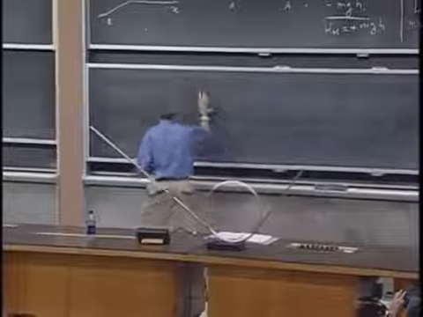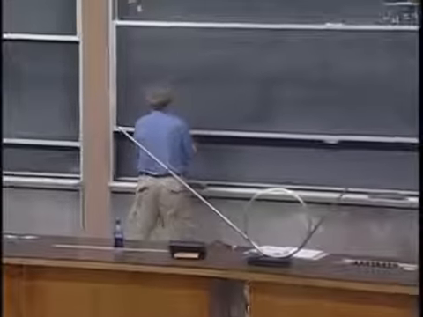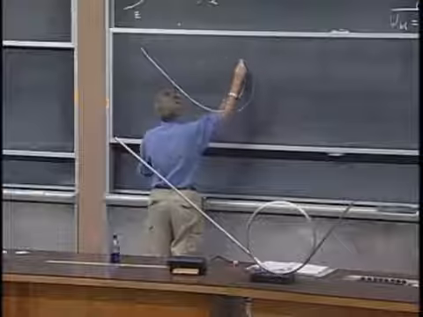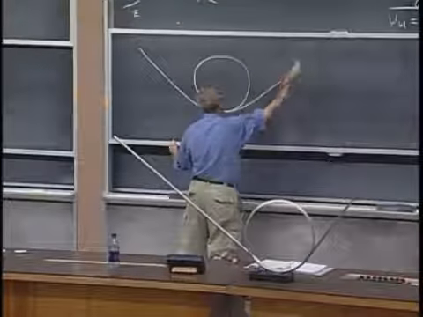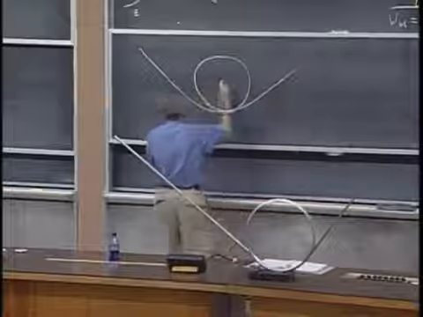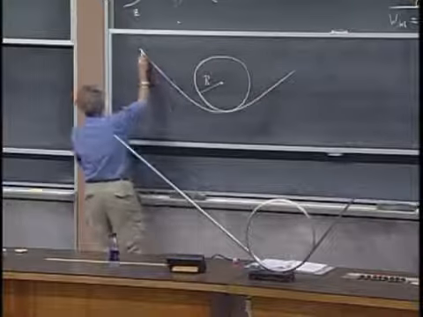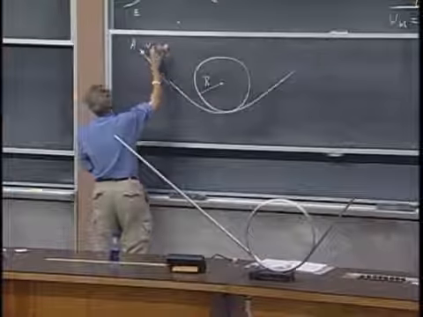Let's clean it a little bit better. Here is that roller coaster. This is a circle, and then it goes up again. So let the circle have a radius r. This point be A. I release it with zero speed.